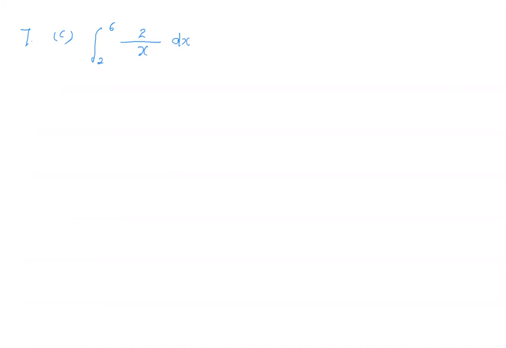When you see a linear at the bottom and power is 1 at the bottom, you straight away think of this formula. So please get very familiar with your formula. Am I right? Yes. So what is the result?